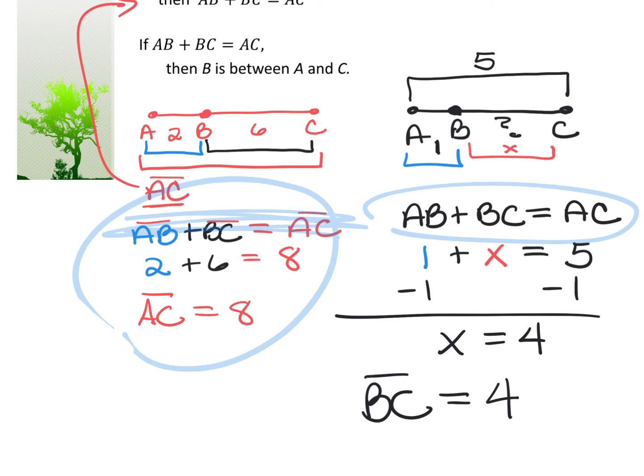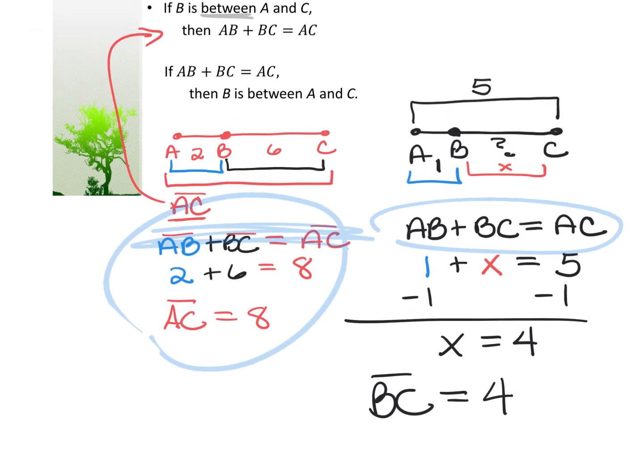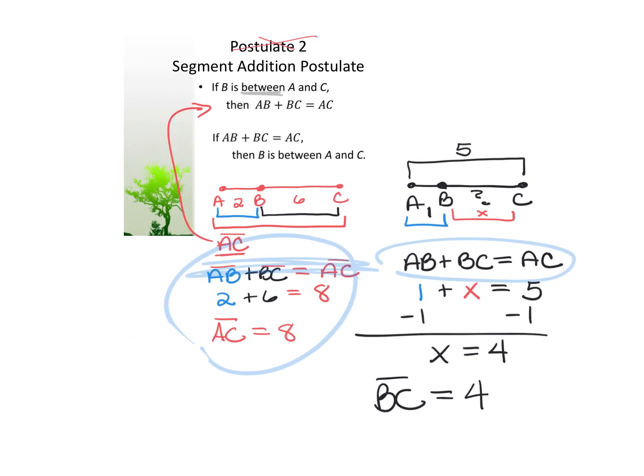We'll be using this postulate in our proofs. When we get to the proof part, we will be writing 2-column proofs where you're going to give a statement in the left column, and then you're going to give a reason in the right column. And the reason is going to be definitions, theorems, and postulates. So sometimes what I like to do is abbreviate this postulate.